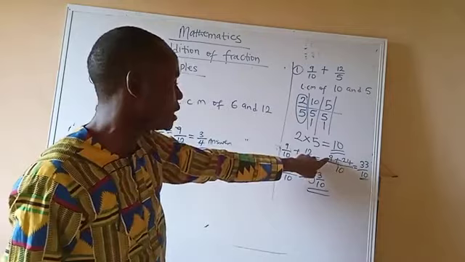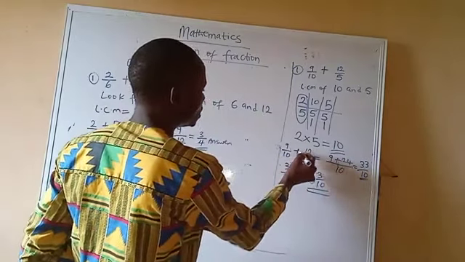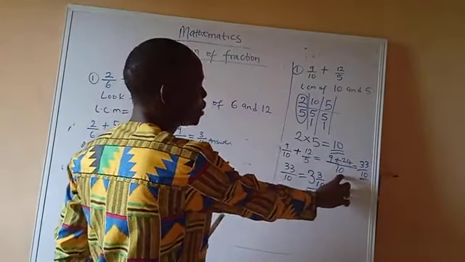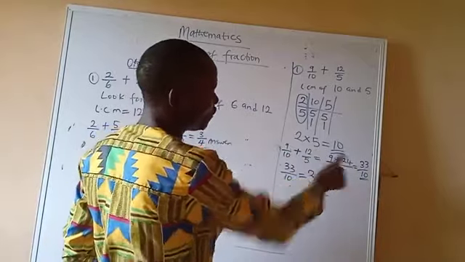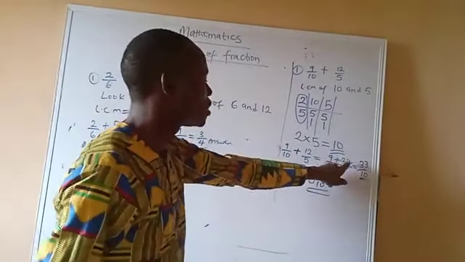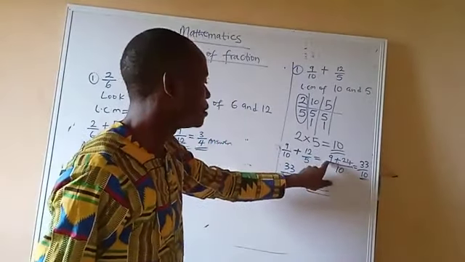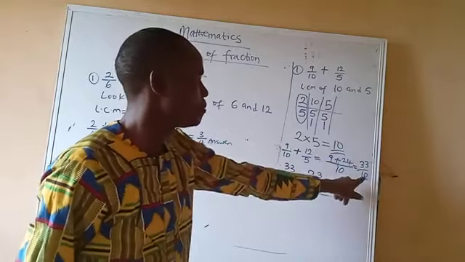You write your 9 here. You put your plus. You now say 5 divided by 10 will give us 2. 2 times 12 will give us 24. 9 plus 24 will give us 33 over 10. You now repeat this 10.